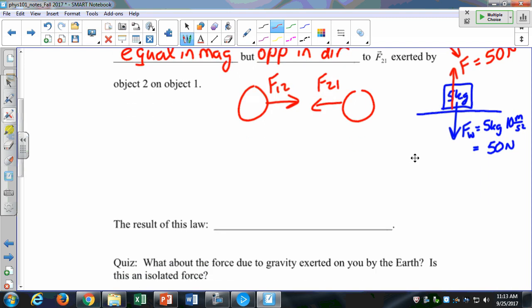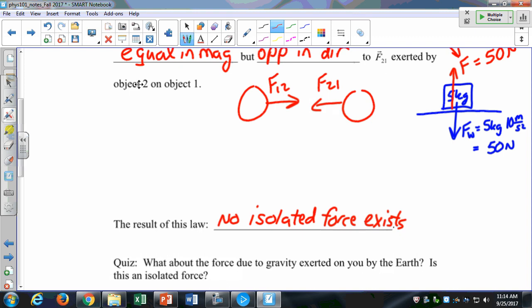The result of this law, which seems sort of funky for a bit, is that no isolated force exists. You cannot have one force without having another force. If you have one force, you'll always have another force that's a reaction of that.